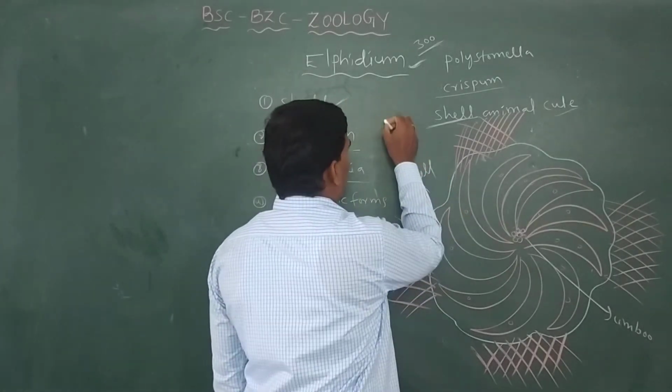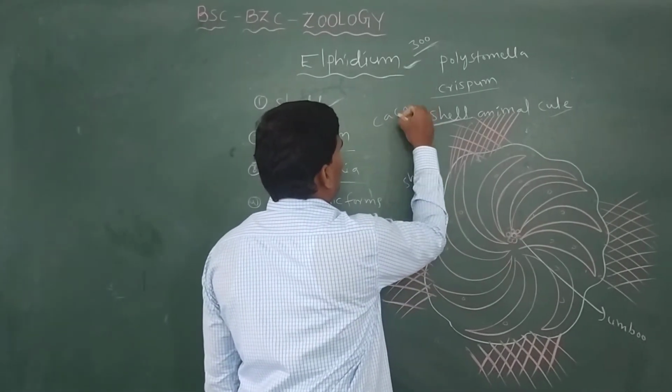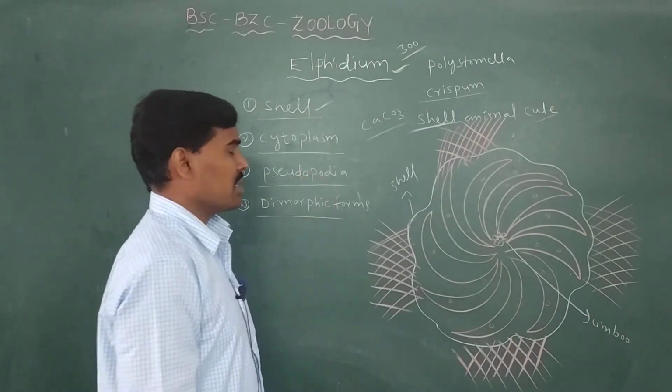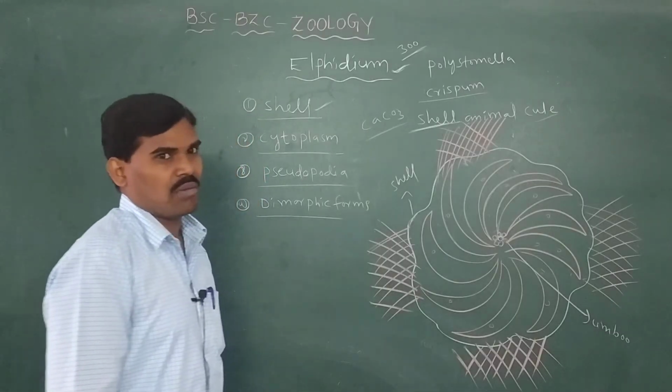The shell is made of hard calcium carbonate, CaCO3, along with other inorganic components, silicon and magnesium.